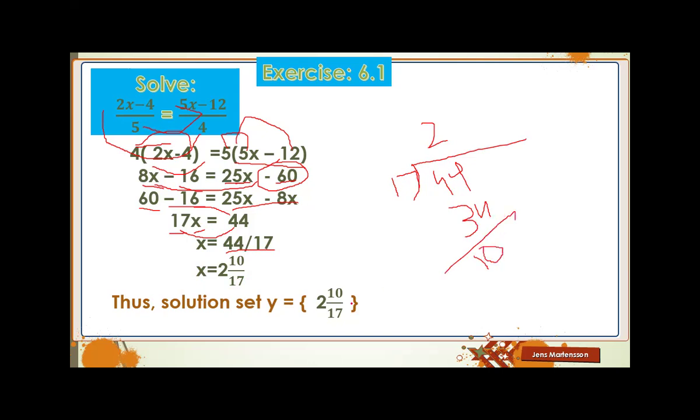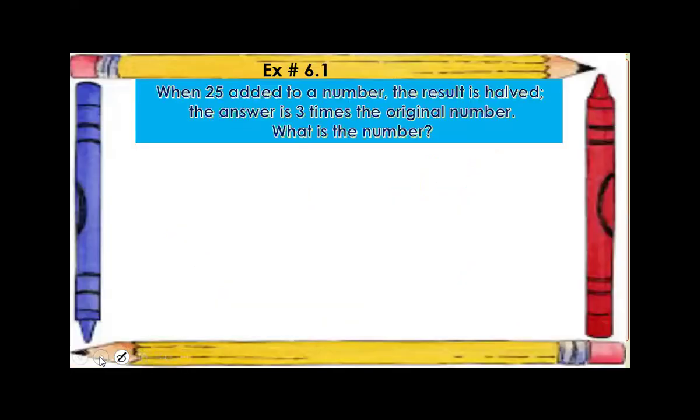So here the answer is 2 whole 10 over 17. So the solution set, what will be the answer of x? x equals 2 10 over 17. Clear? 2 whole 10 over 17.